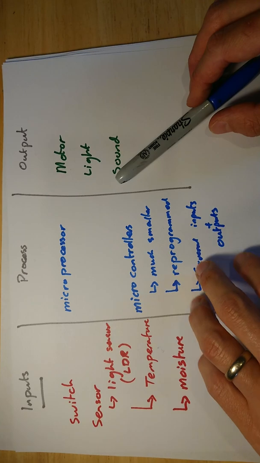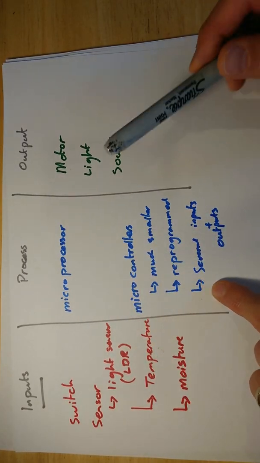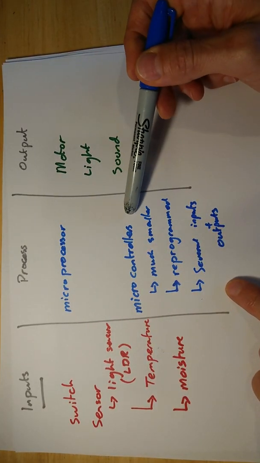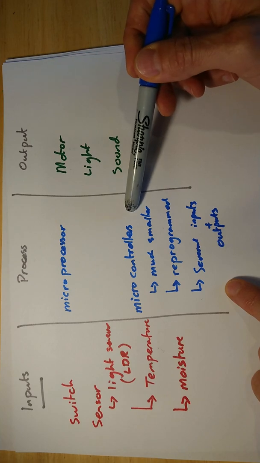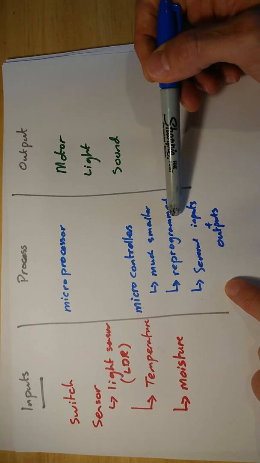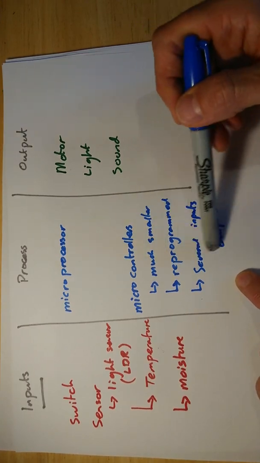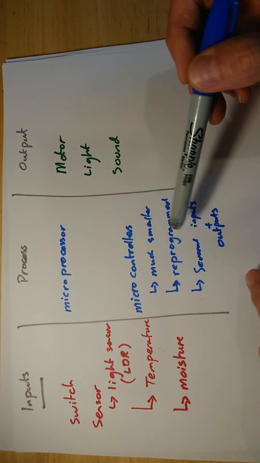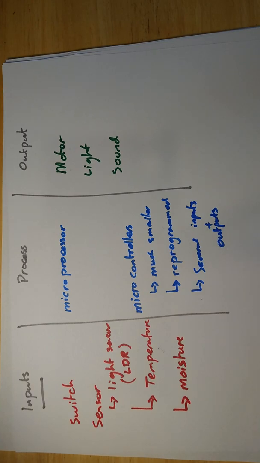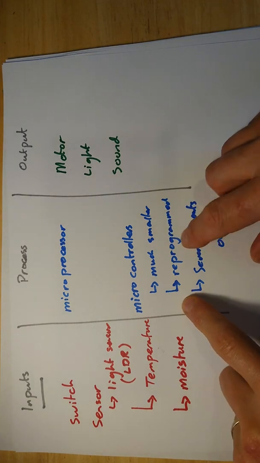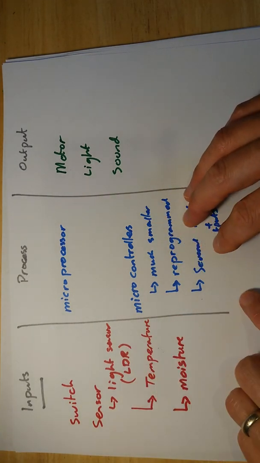So the microcontroller is very much programmable. It's much smaller, you can reprogram it, and it can have several inputs and outputs. Those are its main advantages. There are obviously some disadvantages: you need some software to use it, an understanding of the programming language, and they're more expensive than a traditional printed circuit board.